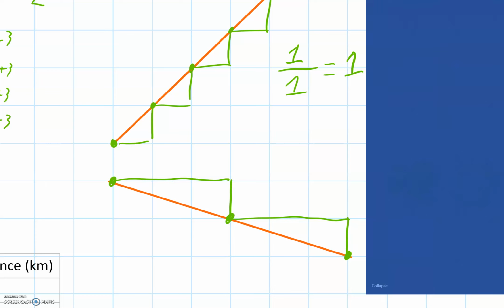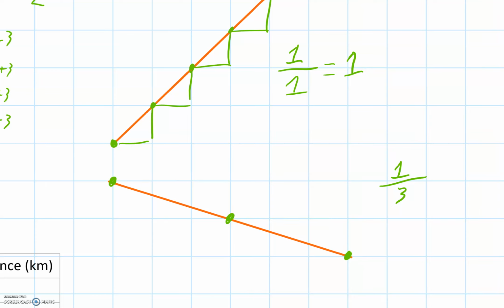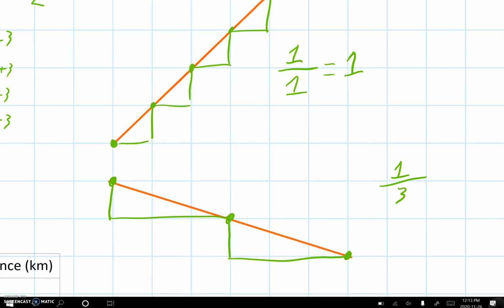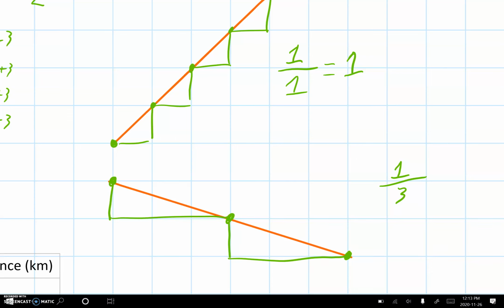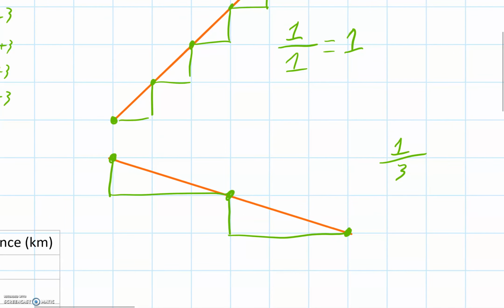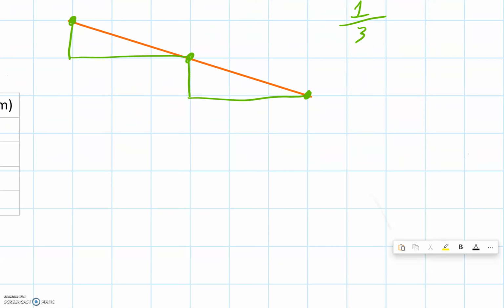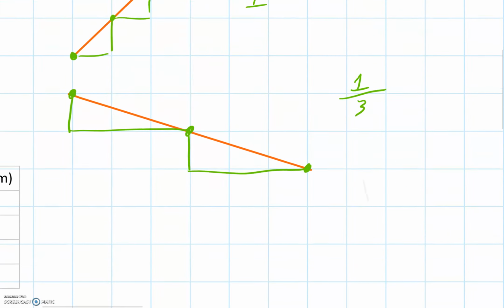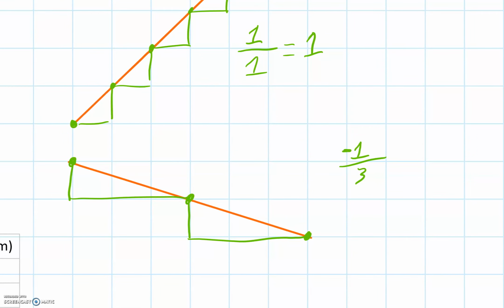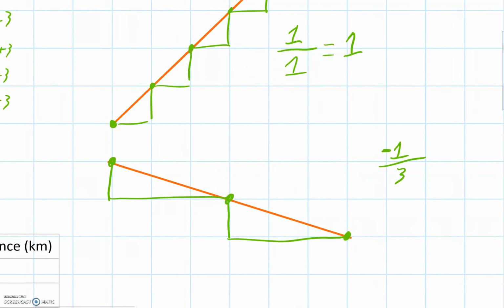Normally we would put that on the bottom. So we have 1 in y and 3 in x. But we have to recognize that instead of going up by 1, we're going down by 1, which means we're going negative 1. So this is negative 1/3.